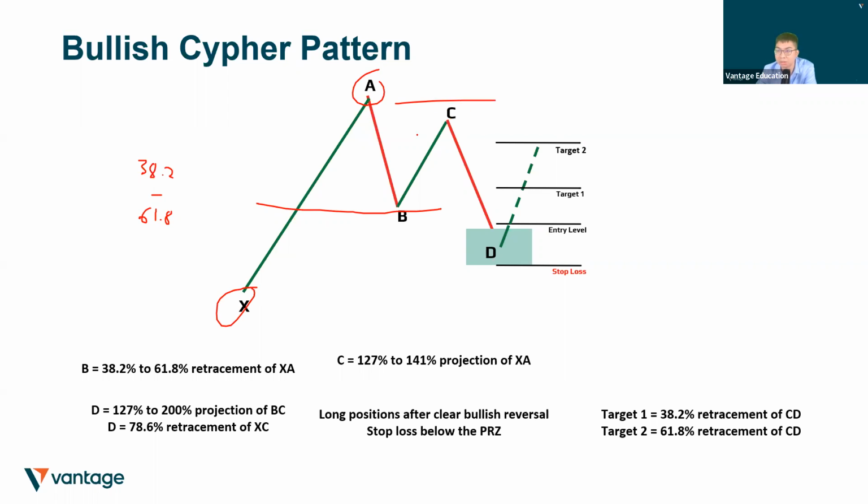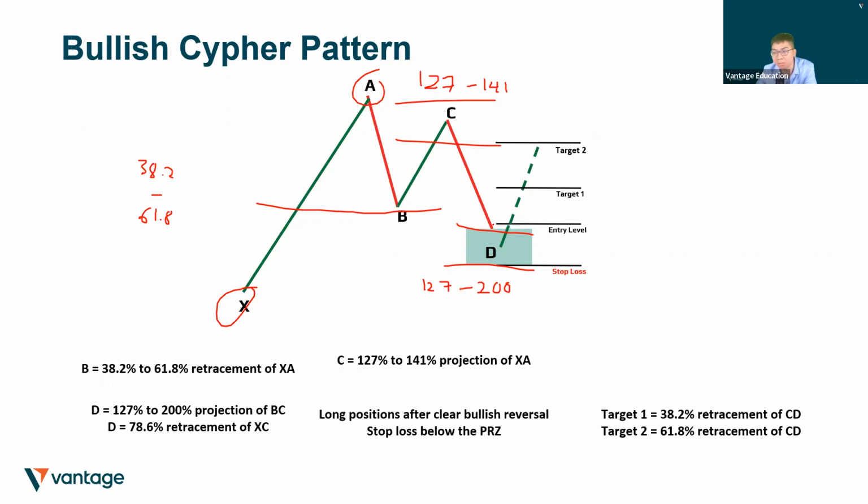C is at 127% to 141% projection of XA. And D, we end it at 127% to 200%. Cipher pattern. So just focus on the BATS. Right now, these are the very, very complicated ones. We'll not recommend it for now while we are backtesting.